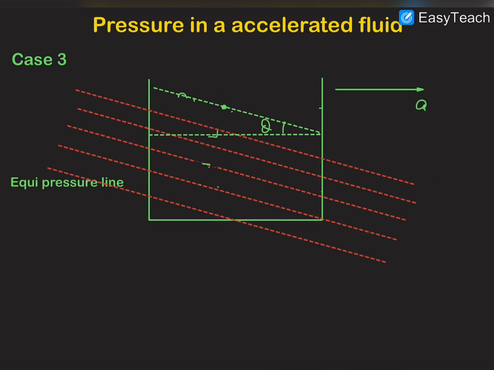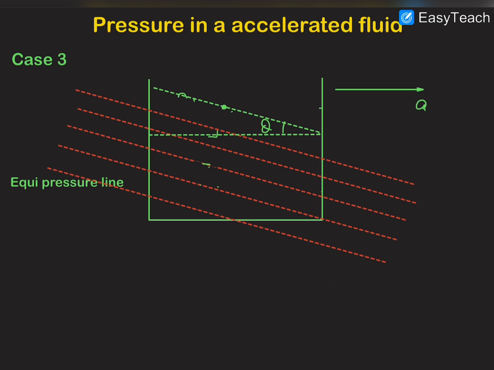Okay, now let us take another case, the third case, in which this container is accelerated in the forward direction. So if the container is accelerated in the forward direction, then the liquid will align itself in such a way that the back part of the liquid will be lifted up. You can imagine this.